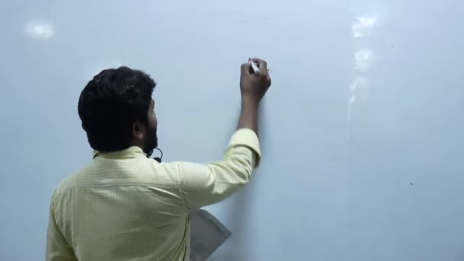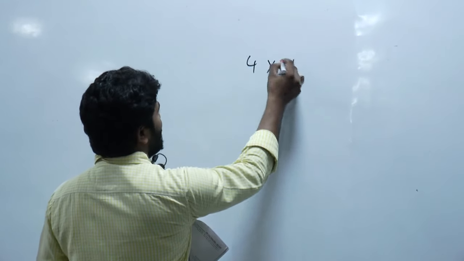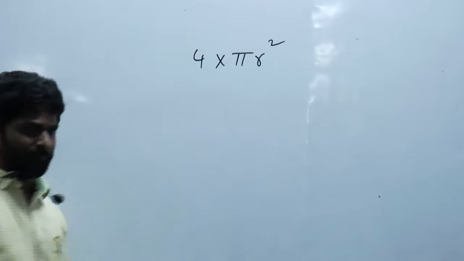Come on. We have 4 coins placed in a square. For each coin, the ratio of area to circumference is the same as the ratio of circumference to area. Find the area of the square that is covered by coins. Right. That will be 4 into pi r square.